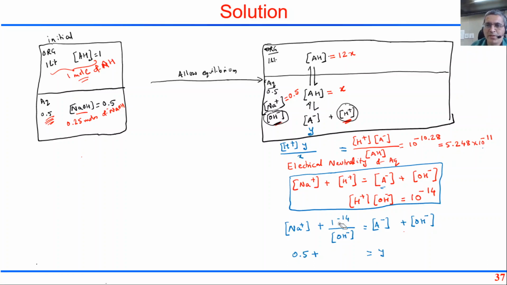So let me write it the other way around. Let me write this as H plus, and let me write this OH minus as 10 raised to minus 14 divided by H plus. H plus we can write from this.